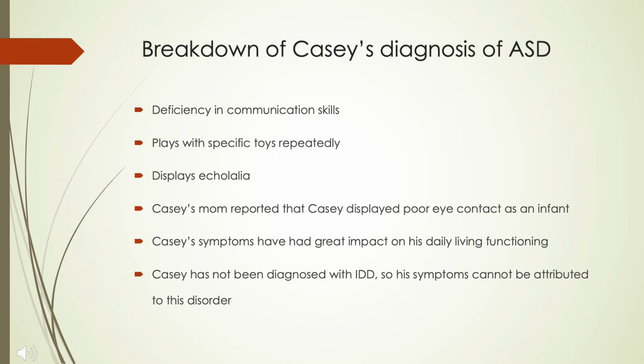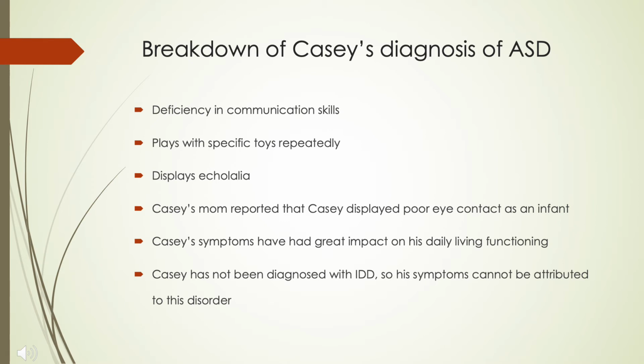According to the breakdown of Casey's behaviors, it is highly likely that he has autism. Casey's case study reported that he has limited social interaction as well as a history of displaying minimal gestures. Casey also had deficient communication skills.